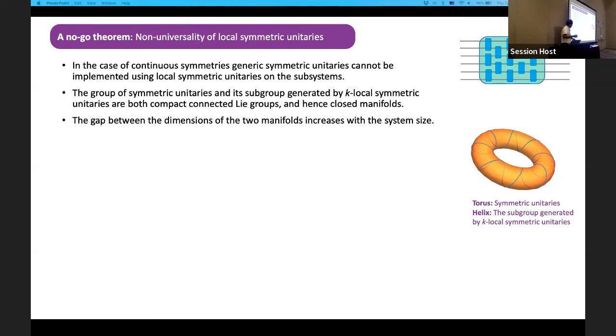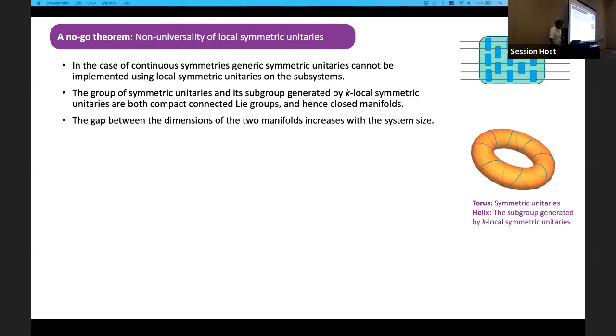Just to have a picture in mind, this is a schematic relation between the group of all symmetric unitaries and the subgroup generated by k-local symmetric unitaries. You can think of the group of all symmetric unitaries as the torus, and the helix that is going around this torus is the subgroup generated by k-local symmetric unitaries. And the point is the helix goes back to its initial point, so it just covers a small region of the torus.